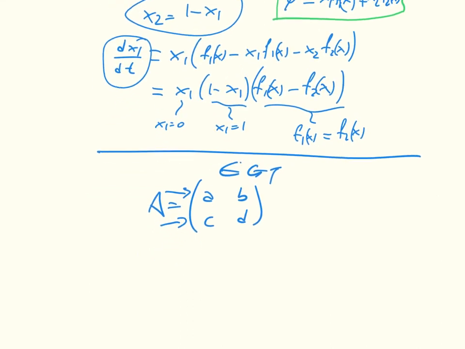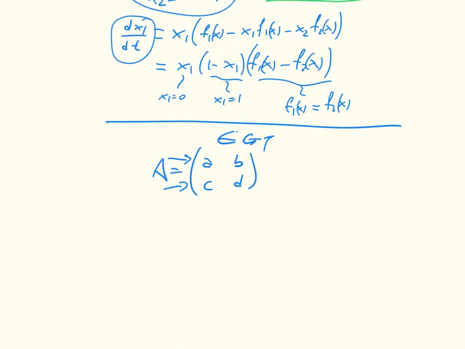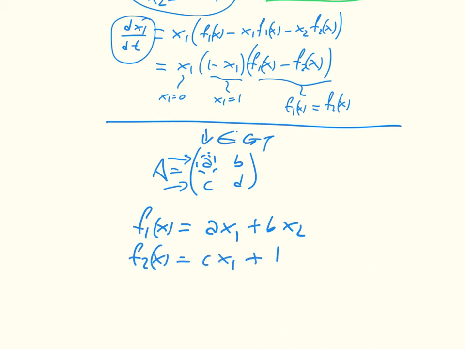So for individuals of the first type, their fitness as a function of x is going to be a times x1, because that's how many of the first type there are, plus b times x2. And similarly, we have f2 of x is equal to c x1 plus d x2.